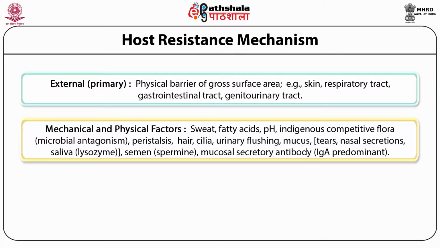Certain kinds of active elements such as lysozyme in saliva, spermine in semen, and IgA in mucosal secretory antibody prevent localization of pathogen in the body and thus protect the body from pathogen infection.